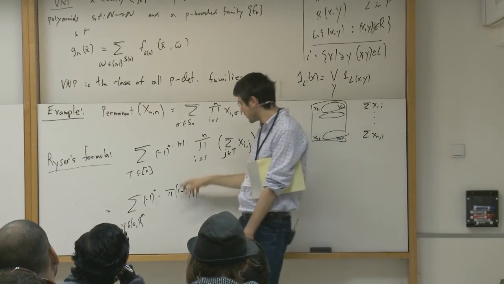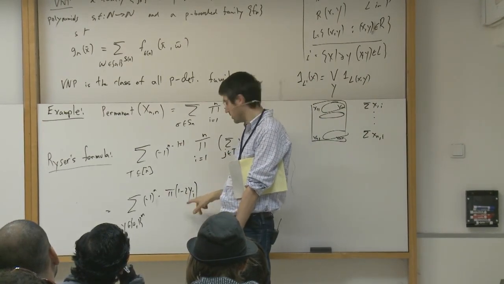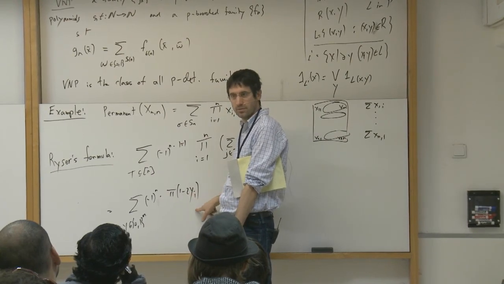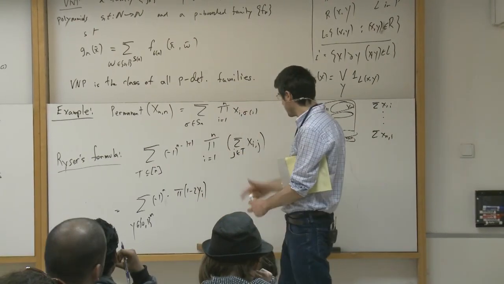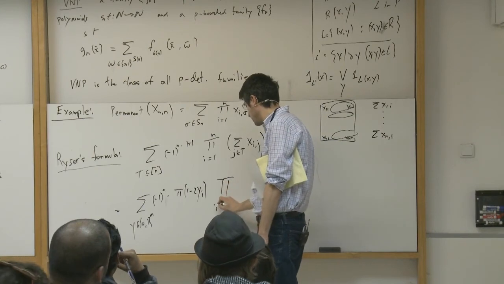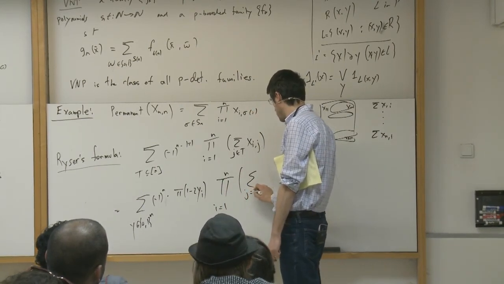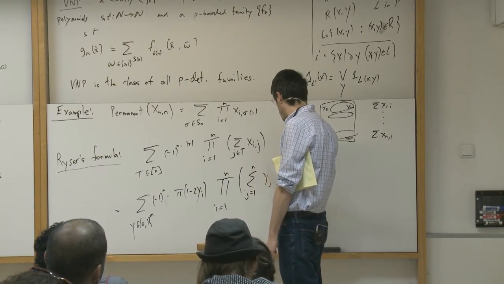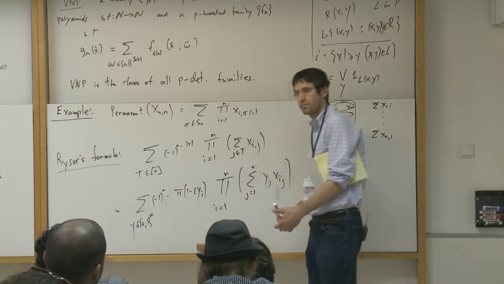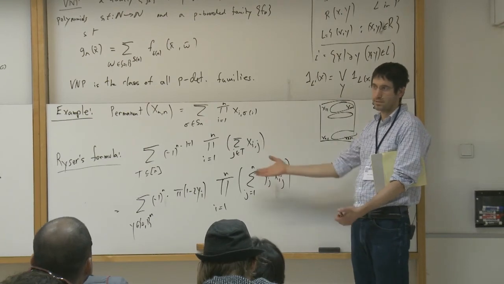Okay, so (-1) to the size of t should be that, right? Whenever yi is 0, you don't get anything. Whenever it's 1, you get -1. And then the product will just be the summation of yj xij. Okay? And that's it.